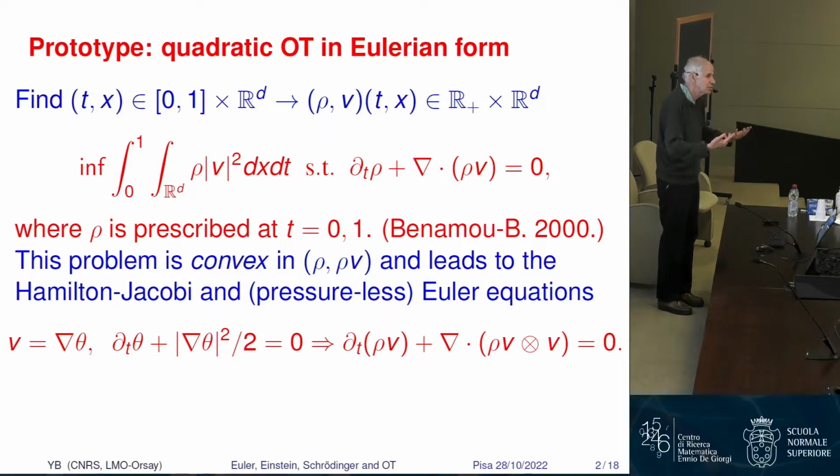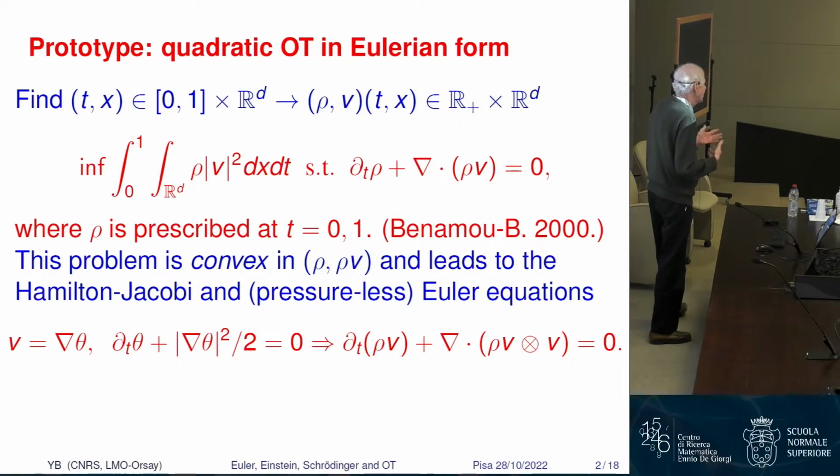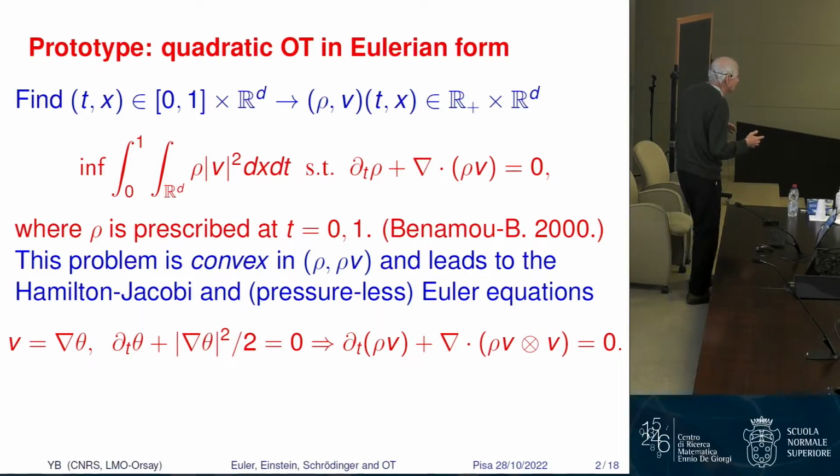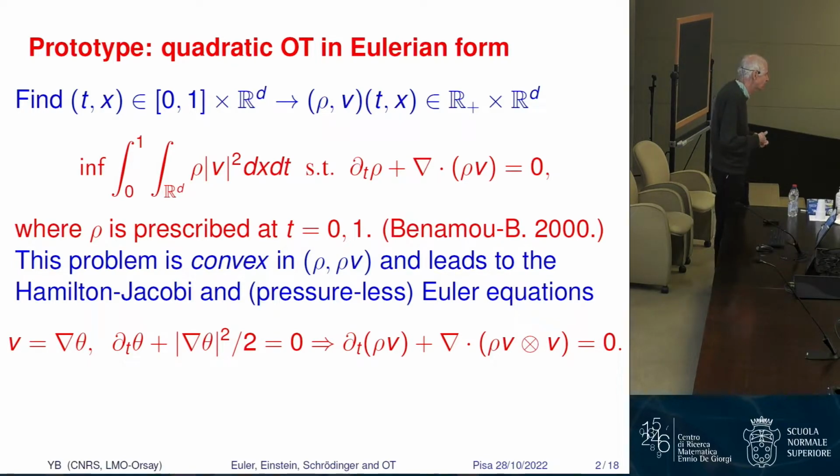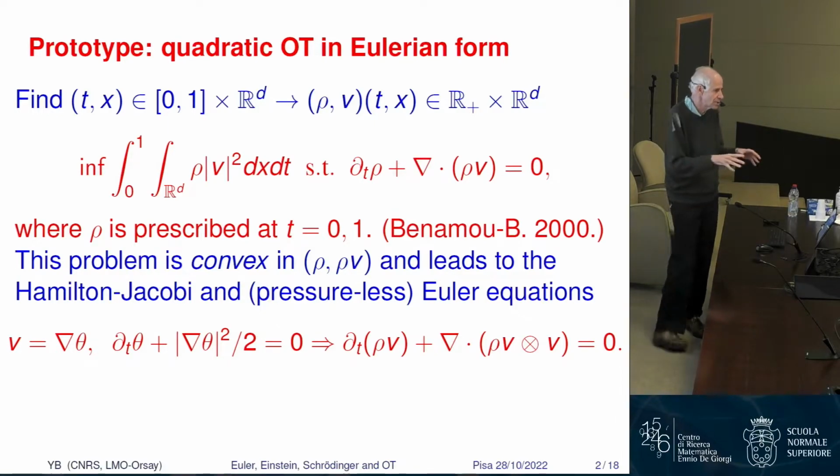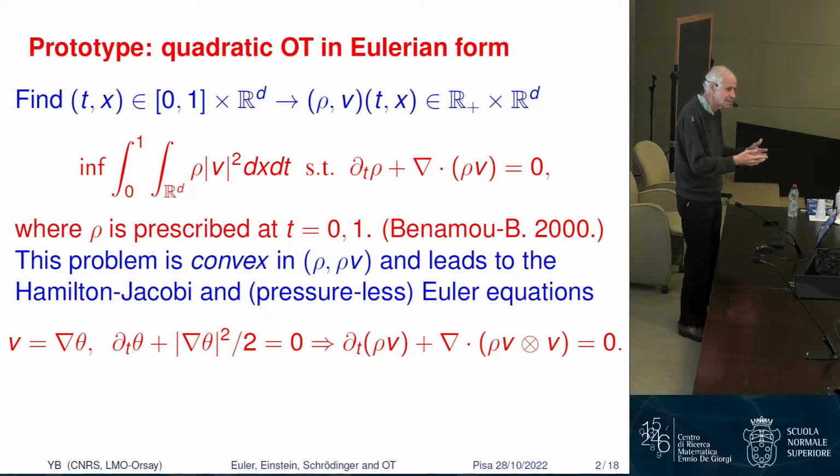So in some sense, at least in the quadratic case, the Monge problem can be seen as a subset of the richer theory of Euler, which was designed a little bit before, in 1750. Monge introduced this optimal transport problem in 1780. So in some sense, Euler is already present at the very beginning of this talk.